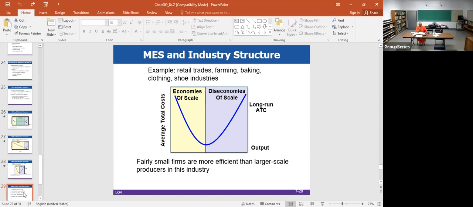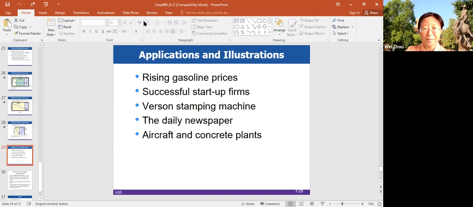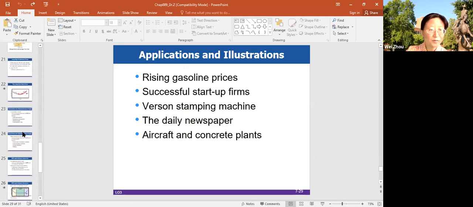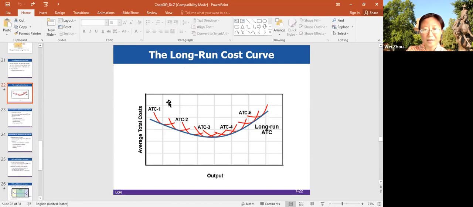Yes. Okay, all right. So the last part of this chapter is the long run cost. Basically, you put all the short run costs together, and contingent on the minimum points, you get a long run average total cost.